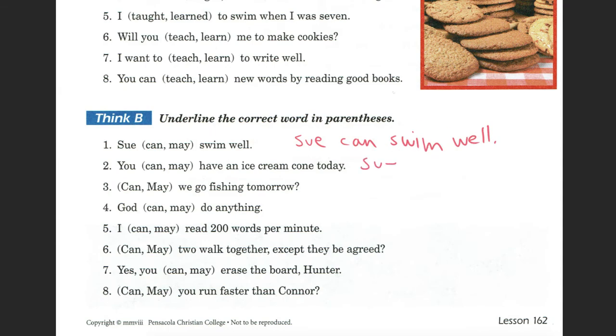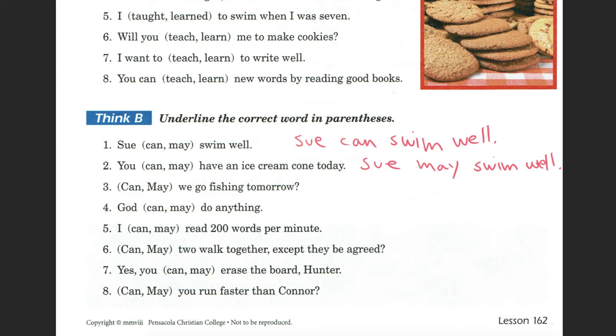If I said Sue may swim well, this sounds like she's asking for permission to swim well. Well is an adverb, right? Good is an adjective. Okay, so Sue may swim well. This is kind of a weird sentence. This is as if Sue's asking her parents, "Hey, Mom, may I swim well?